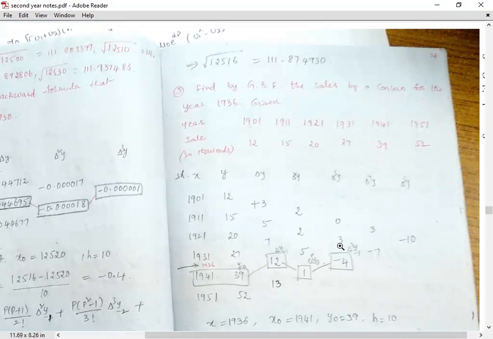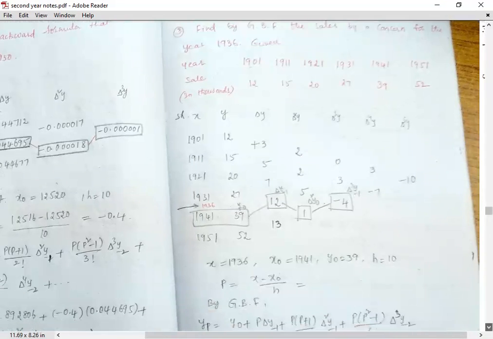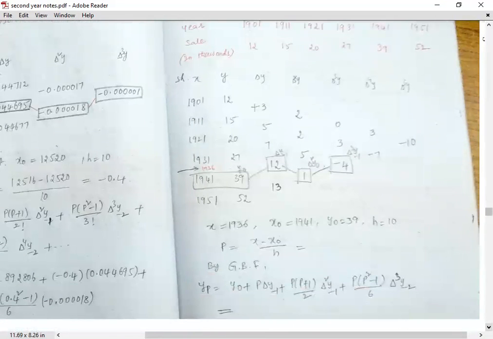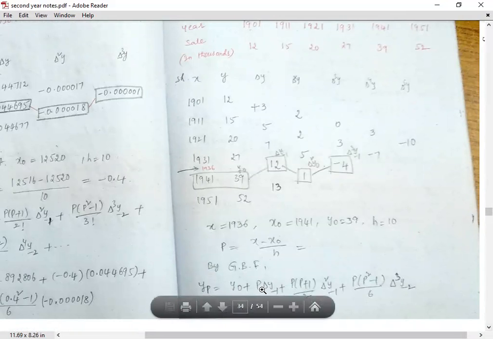Now we will calculate the p value. P is obtained as x minus x naught by h. Our x is 1936, x naught is 1941. It is minus 5 by 10, nothing but p is equal to minus 1 by 2 here.